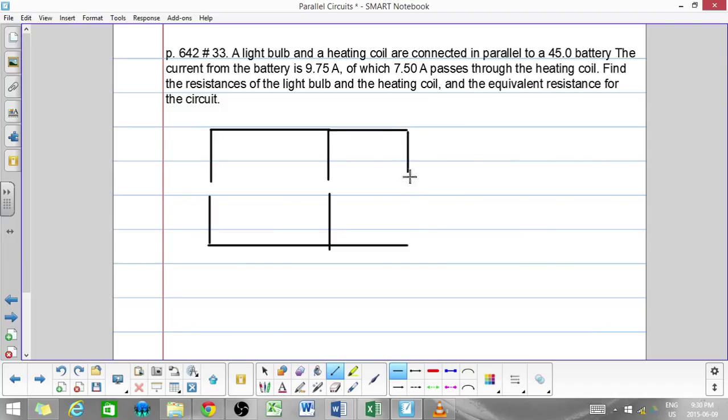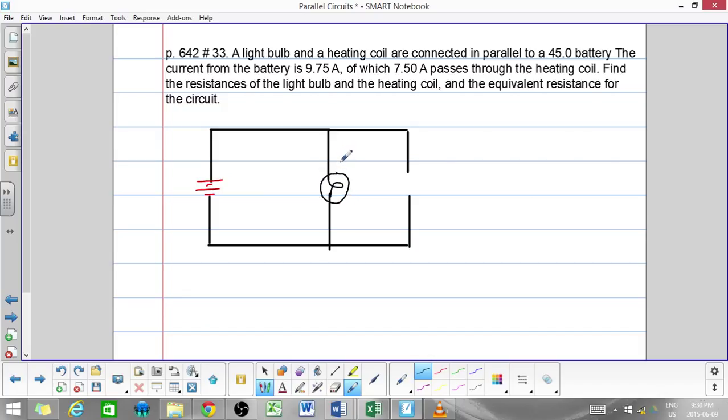This is going to look a lot like the other one, because it's just got two elements. Right. So there's a source. Light bulbs have their own symbol, like that. But really they're a load with a resistance that convert most of the energy to light.